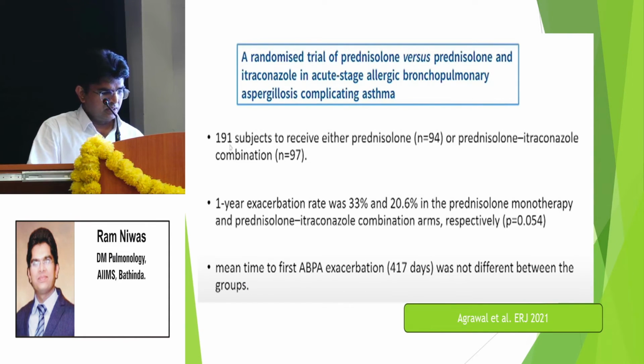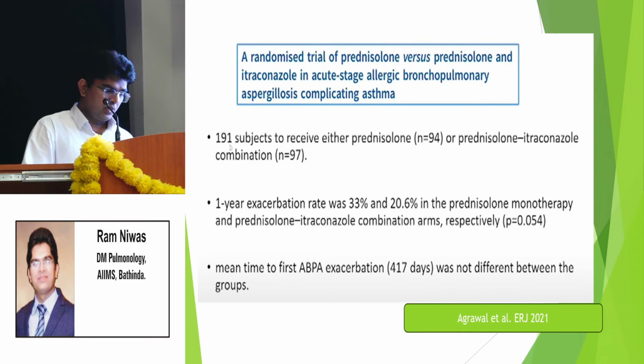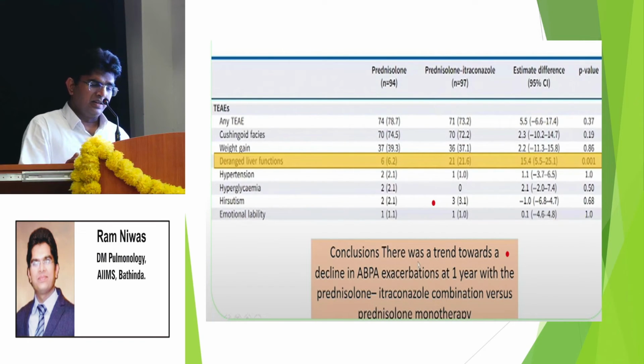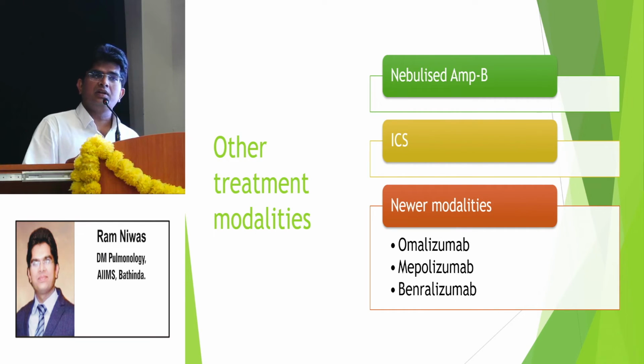And this is another study in which prednisolone was compared with combination therapy, that is prednisolone with itraconazole. The primary outcome and secondary outcome were almost similar, but the side effect profile was higher in the combination group. So the current standard of treatment is oral glucocorticoid therapy as compared to antifungal therapy.